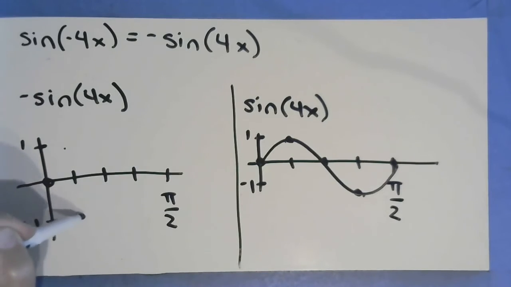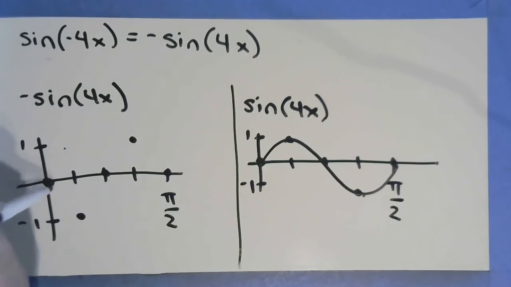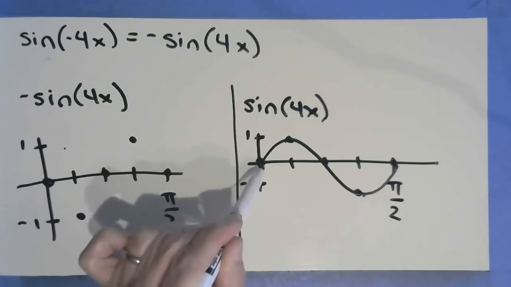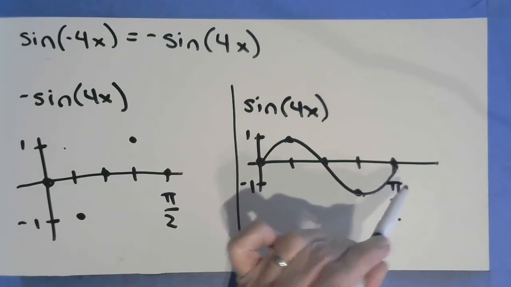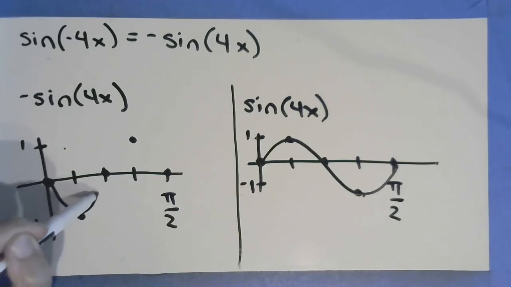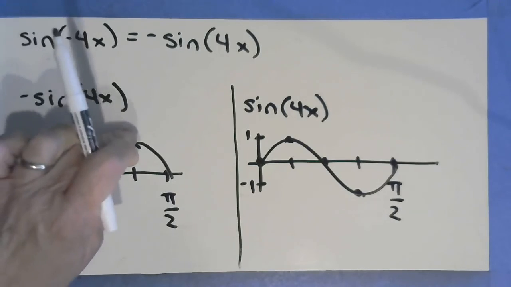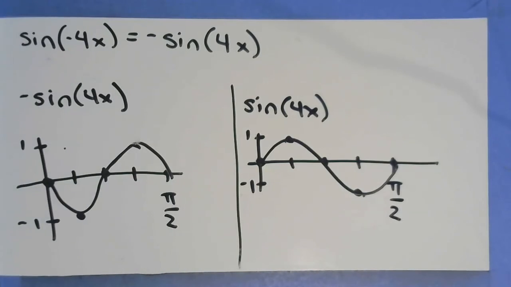So we go 0, down, 0, up, 0. So here it is, regular sine of 4x. Here it is the opposite, minus sine of 4x, and it gives us the same curve but reflected across the x-axis.